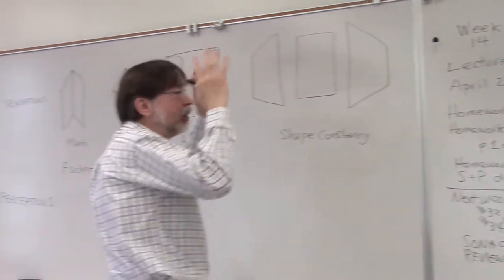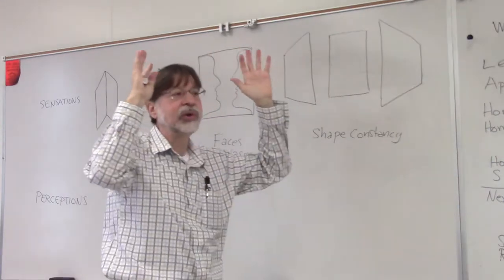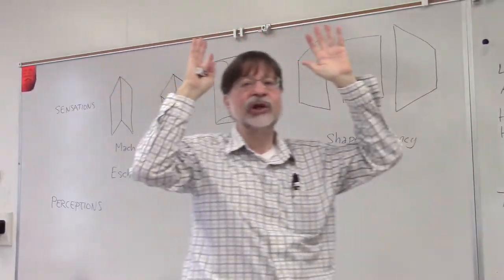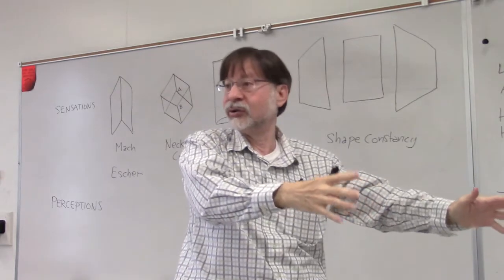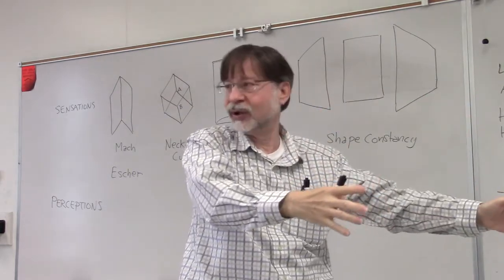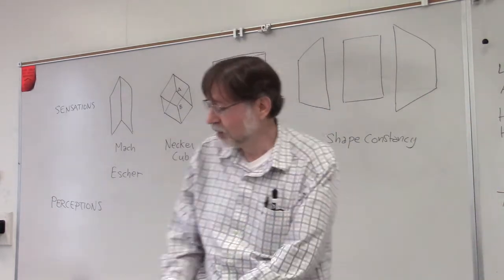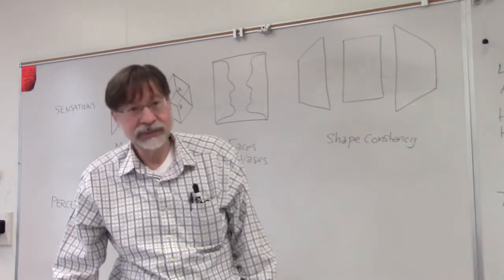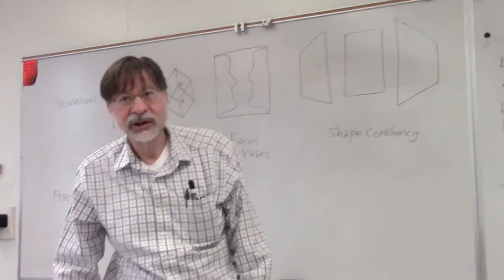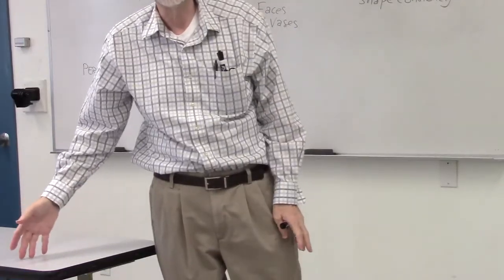Perception, we have a thought balloon now out here. That's where you actually project your sensations into the world and think that you are perceiving something out there. So when you think there's a table here, simply because you see it, you've constructed a perception of an object.